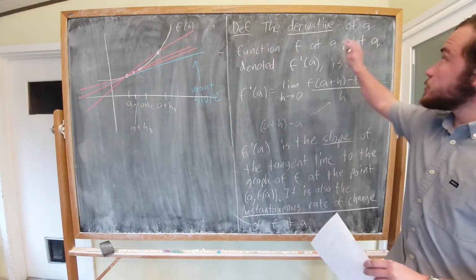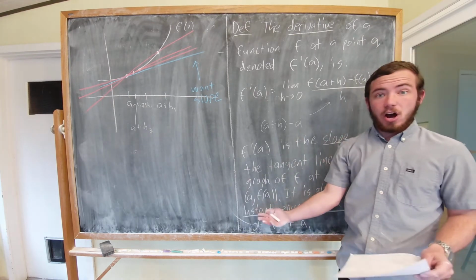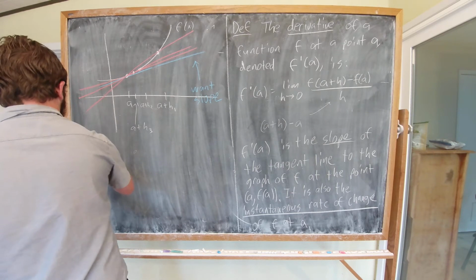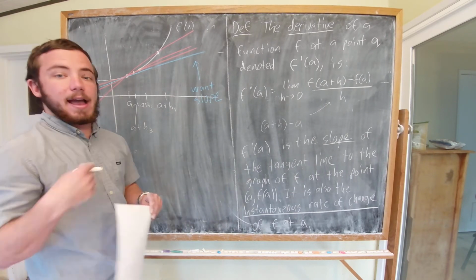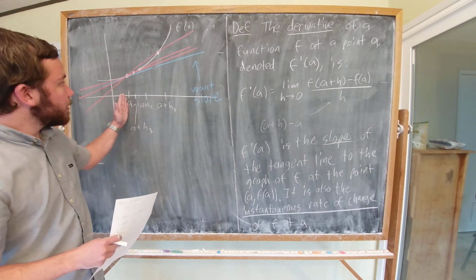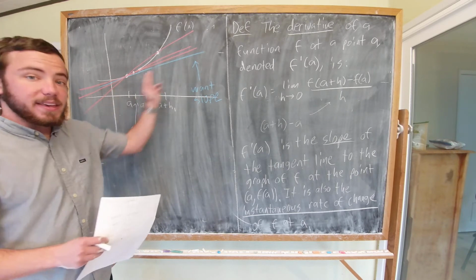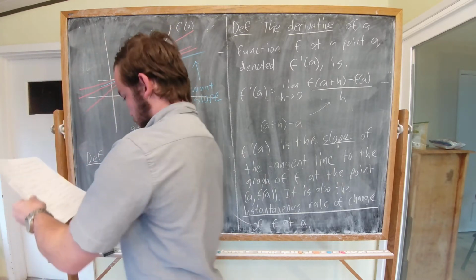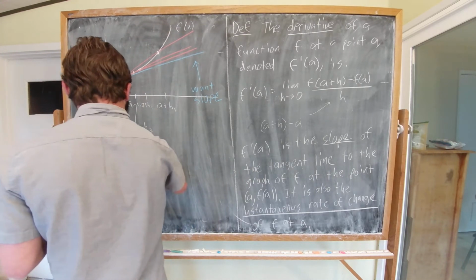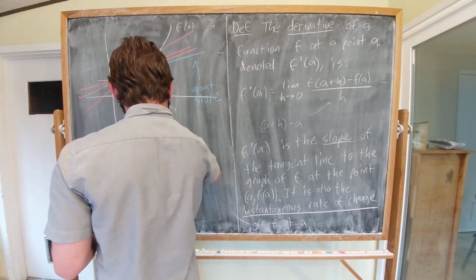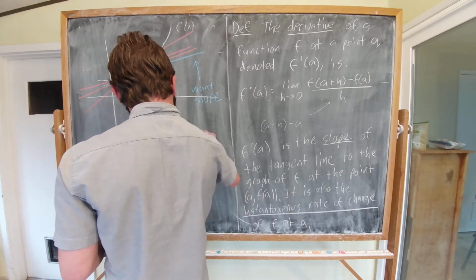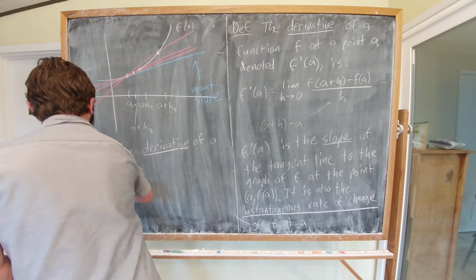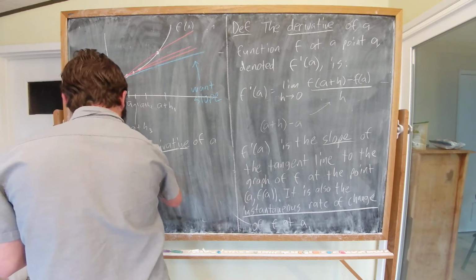Okay, so this is a derivative at a point, but we can also talk about a derivative as a function. And by that I mean, well, okay, a is a fixed point, but what if I let a just be anywhere on this curve, right? What if I let a be a variable? So, definition, the derivative of a function f.